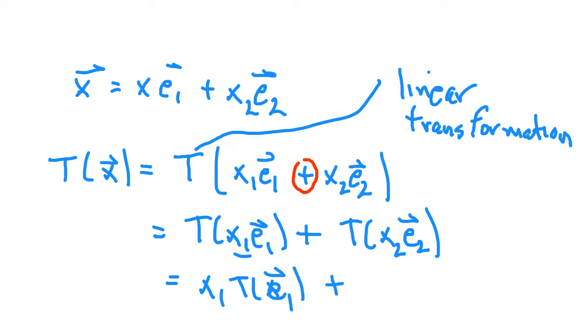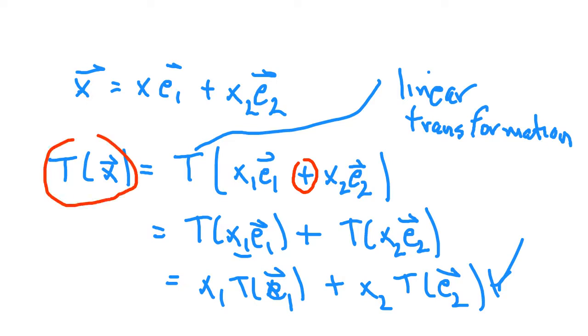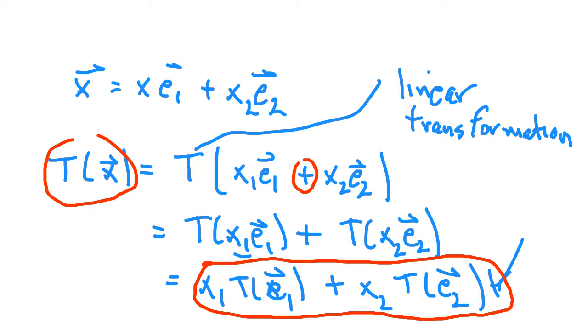That's the second property. Okay, so this is absolutely true. The transformation of the vector x is equal to the linear combination of the transformed unit vectors, where the weights are x1 and x2.